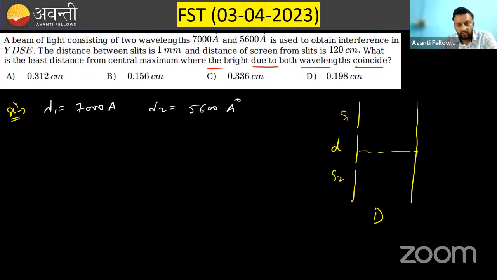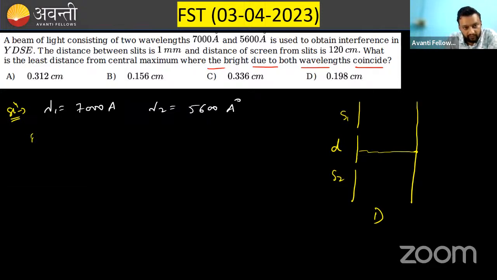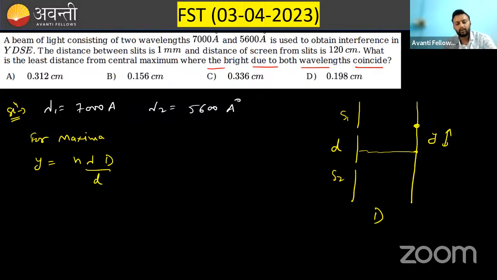Now, we are talking about the maxima. For maxima, what we know is that, let's suppose this is the point of maxima, this distance y is equal to n lambda D by d.